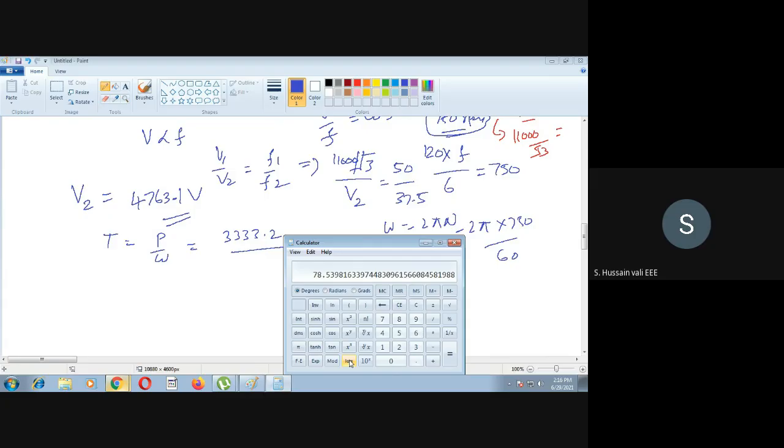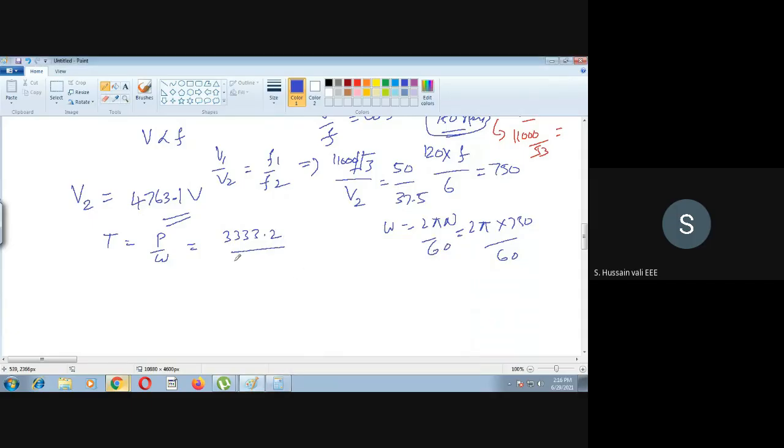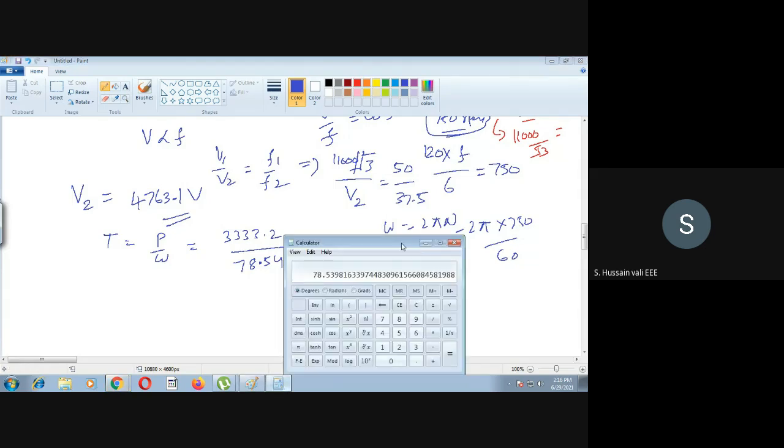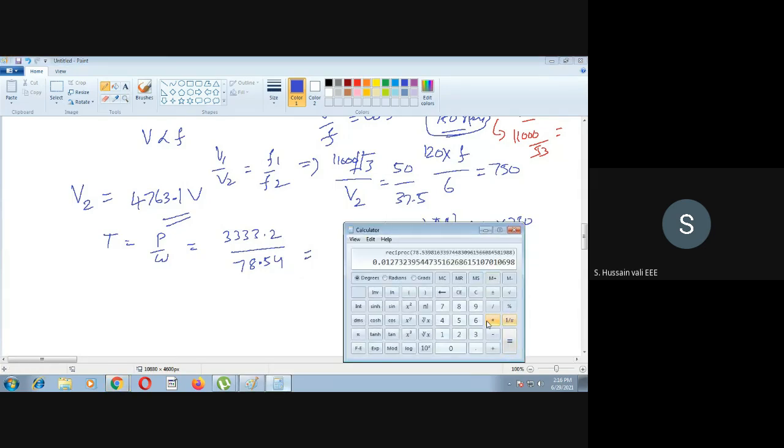So you got 78.54. Then we can find out the torque here. So now we got some answer here.